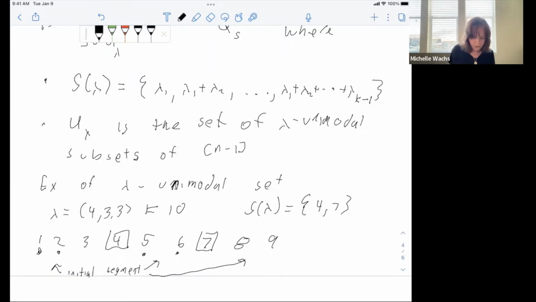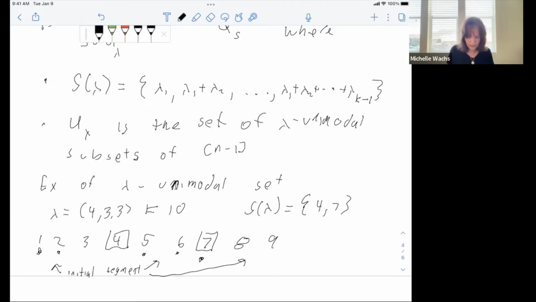And then I'm free to choose any of the elements of 4, 7, of that set, of S lambda. So I could choose 4, 7, the empty set. I'm going to choose 7. Okay, so those are the choices I made.